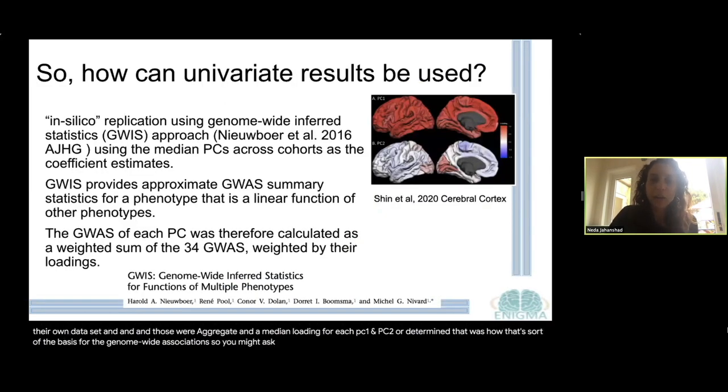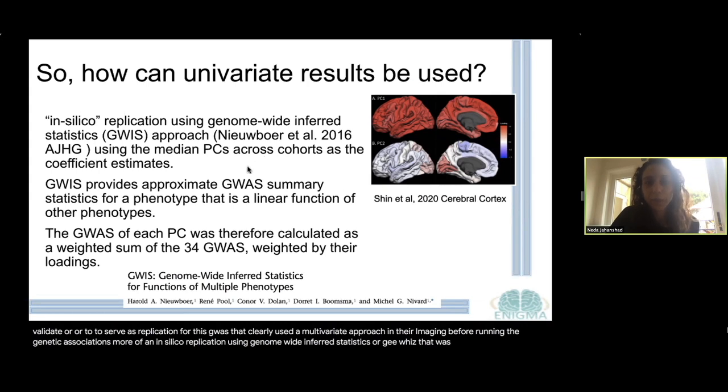So you might ask, how can the univariate associations and results be used to validate or serve as replication for this GWAS that clearly used a multivariate approach in their imaging before running the genetic associations? We actually consider this more of an in silico replication using genome-wide inferred statistics, or GWIS.